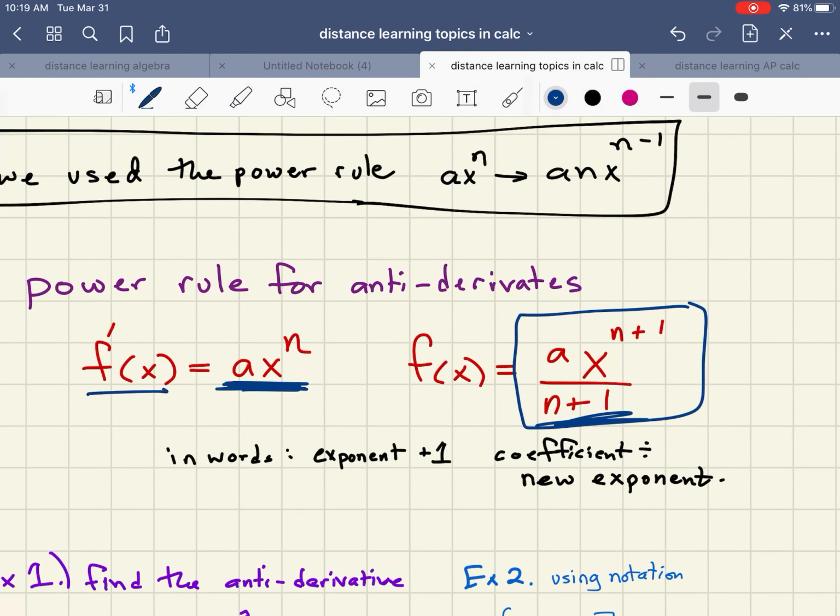Notice this is f prime, and this is f, so we're undoing the derivative. It's the antiderivative. Notice that n is now n plus 1, and that n plus 1 is now dividing our original. So in words, the exponent goes up by 1, and the coefficient is divided by the new exponent.